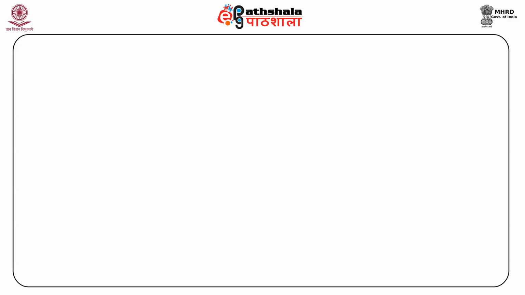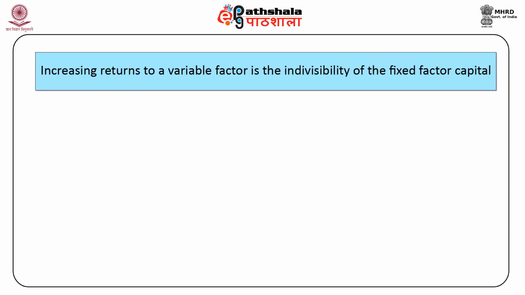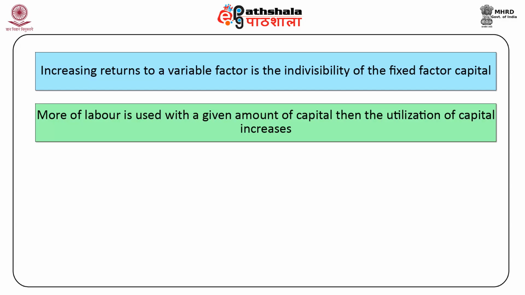Factors behind the law of returns to a variable factor. One of the main factors behind the increasing returns to a variable factor is the indivisibility of the fixed factor capital. It is because when more and more labor is used with a given amount of capital, the utilization of capital increases along with the increase in the productivity of labor.